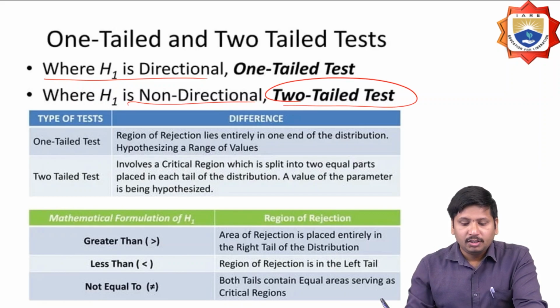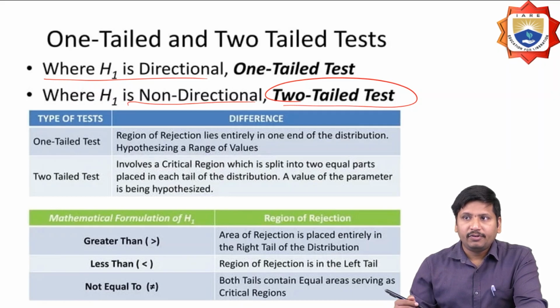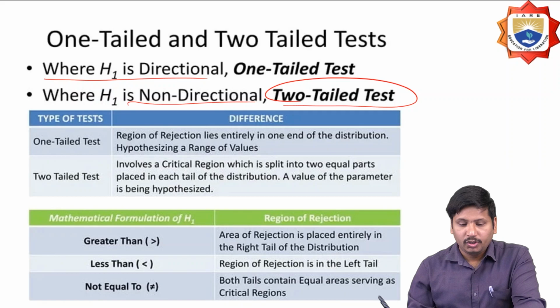In a one tail test, the region of rejection lies entirely on one end of the distribution, hypothesizing a range of values, whereas in a two-tailed test the critical region is split into two equal parts placed in each tail of the distribution, and a value of the parameter is hypothesized. Like this we can differentiate the one-tailed test and the two-tailed test.